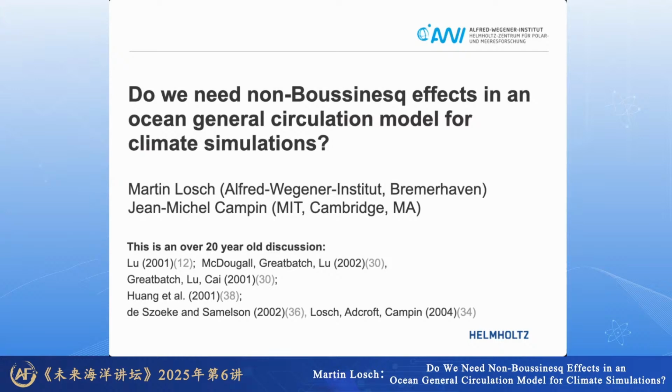There was a series of papers that discussed these problems, and I actually had one contribution there together with Alistair Adcock and Jean-Michel Campin. In these gray colors, I put the number of citations of these papers as of about a year ago. I didn't update that yet, but I don't think it has changed much.